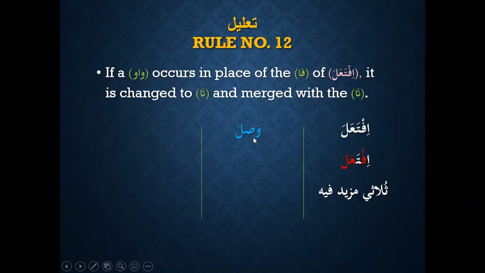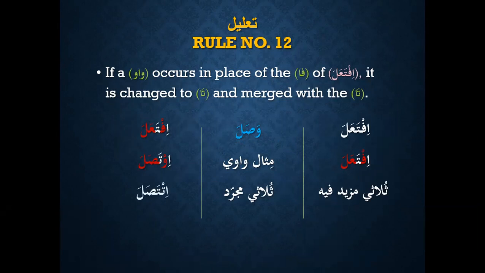If you apply this there, this fa gets changed into ta, because this ta of ifti'al overwhelms the weak letter. So waw is a weak letter, so it changes waw into ta. Ittasala. Okay.